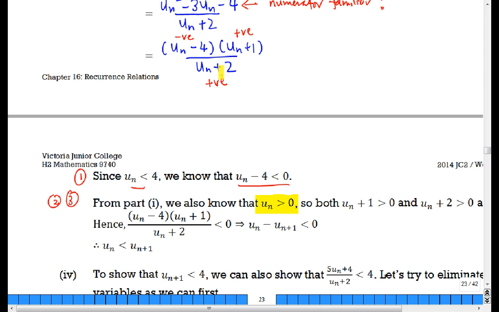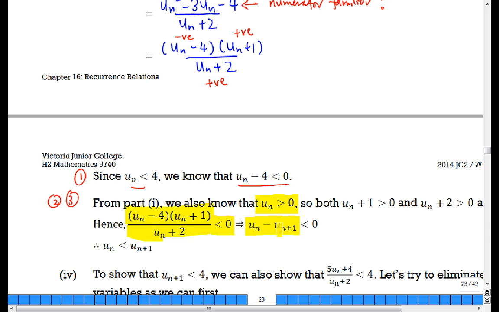Whether you plus 1 or plus 2, it will always be positive. Therefore, we can conclude that this whole fraction is negative, and therefore un minus un plus 1 is negative.